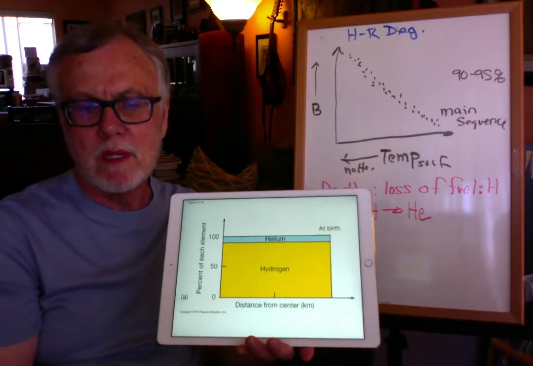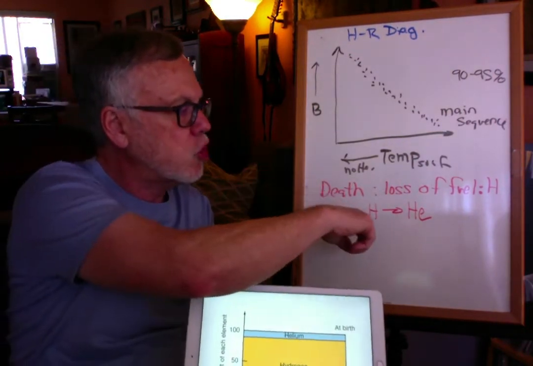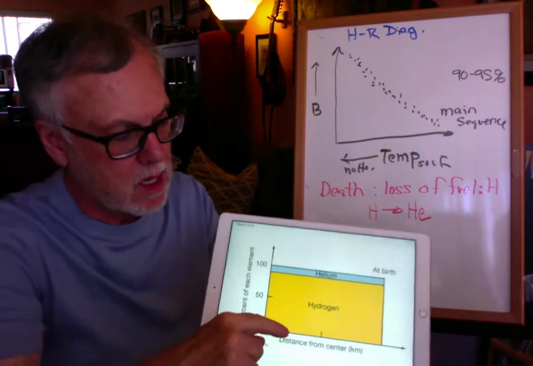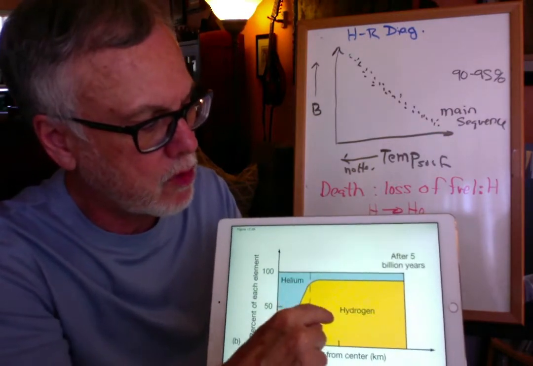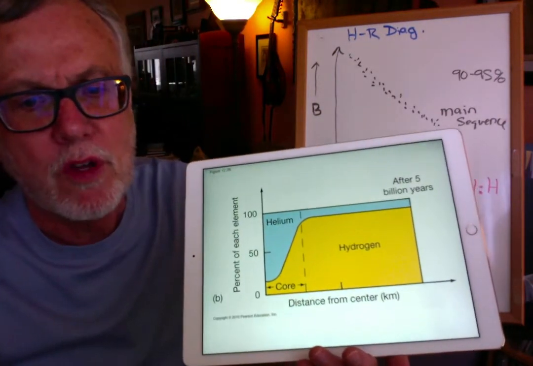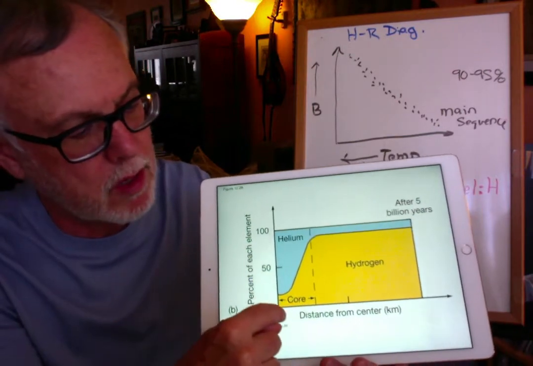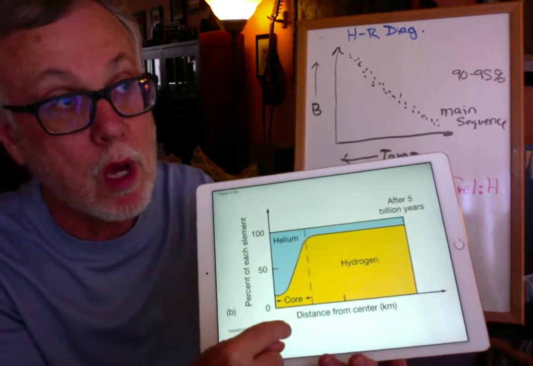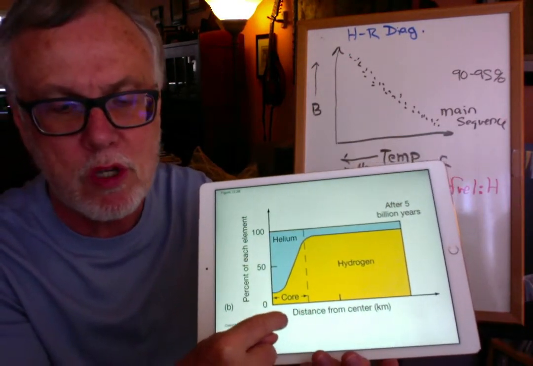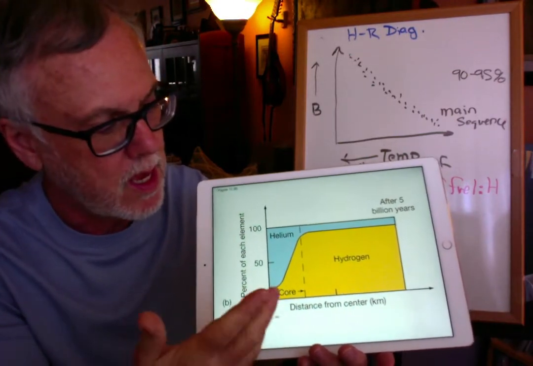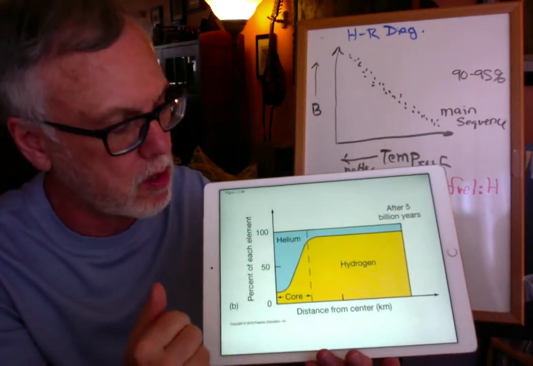So what happens? As time goes on, the hydrogen gets locked up into helium. And so about the age of where our sun is, if you look at the center region, right from there to there is the core of the star, where all the fuel is being used to form helium and energy and a few other particles.